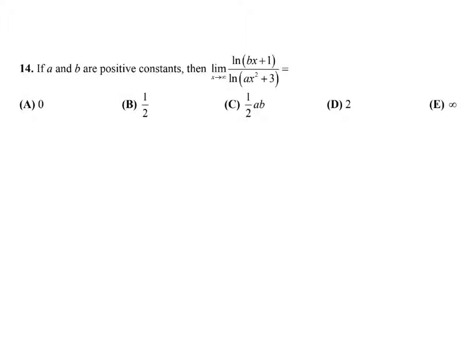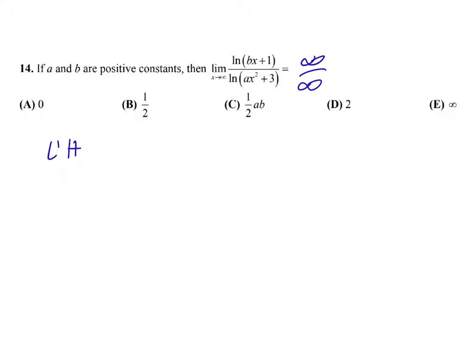All right, number 14. That's kind of a strange looking one. We're approaching infinity, so it looks like this one will probably end up shooting off to infinity over infinity as x grows. All right, so let's do L'Hopital.